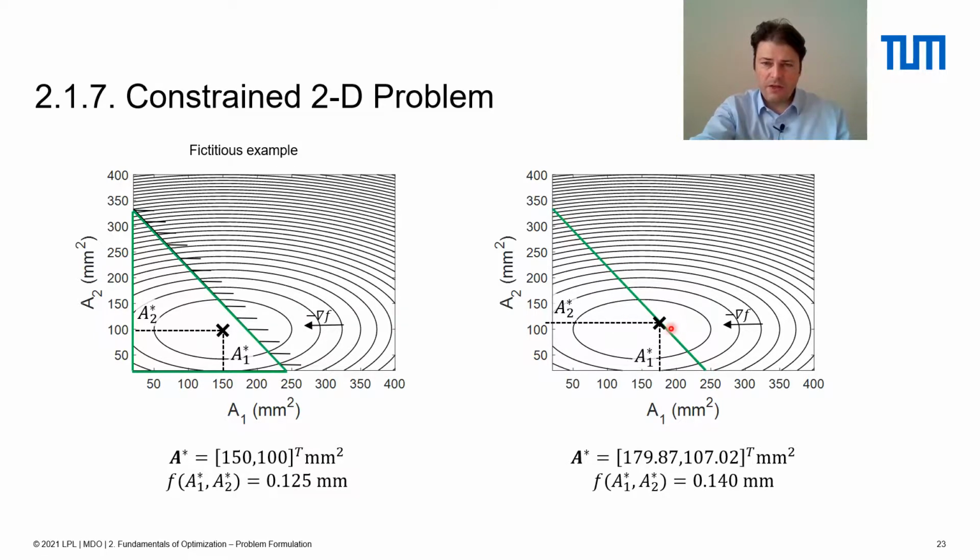Here you can see the optimum lying on the line that represents the equality constraint, and due to this equality constraint, of course, you could not minimize your objective function any further. You would have to stay on that line, and in this particular example, the two solutions would be different.